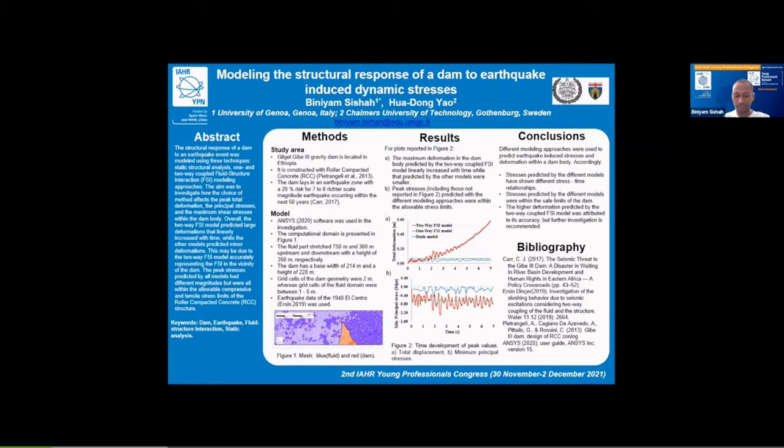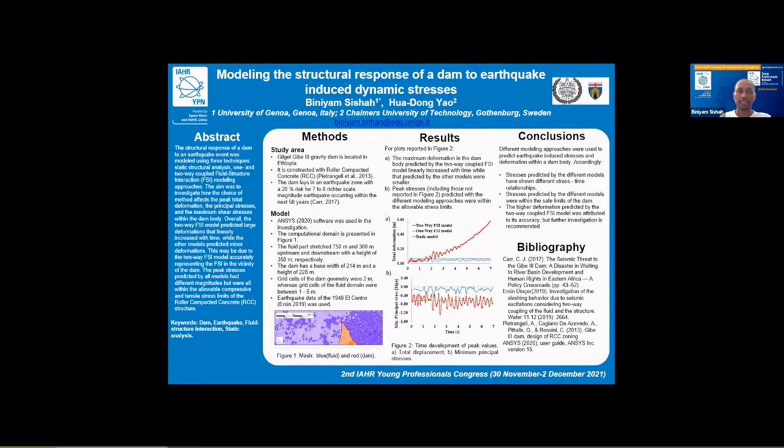In one-way FSI models, only the fluid pressure acting on the structure-fluid interface is transferred to the structure solver, whereas in two-way coupled simulation, the displacement of the structure is additionally transferred to the fluid solver, which is expected to increase the accuracy.